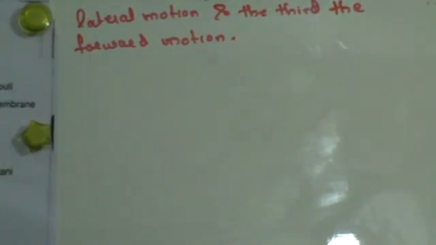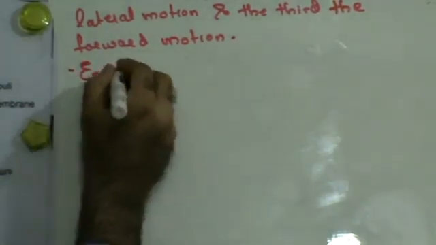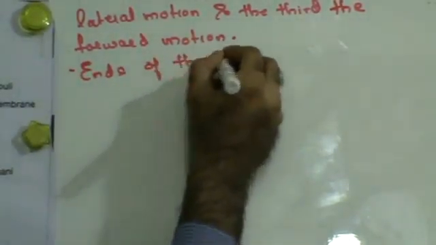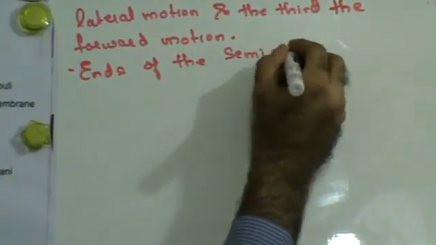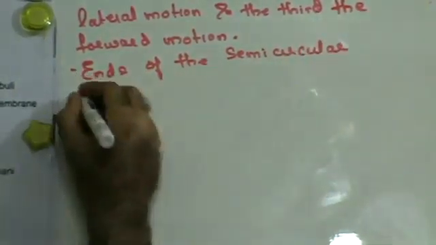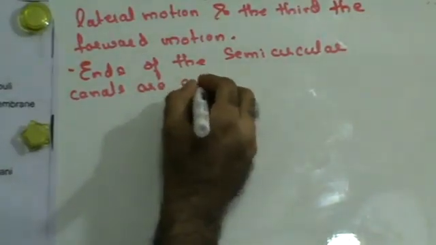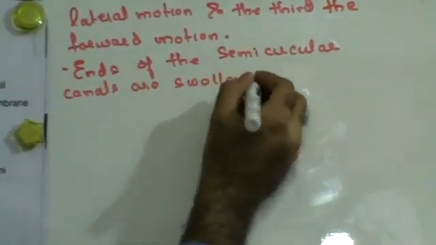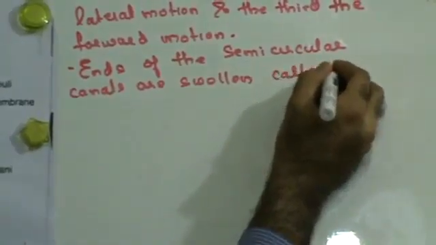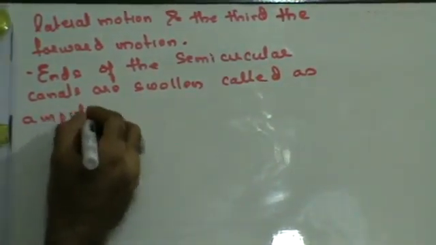Now, the ends of the semicircular canals are swollen and are called ampullae.